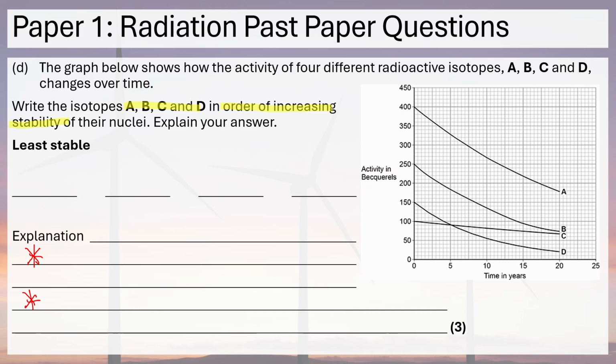So the first thing is that more stable isotopes have longer half-lives.